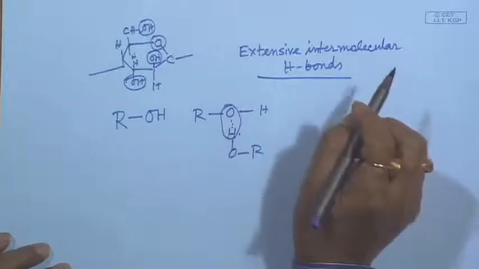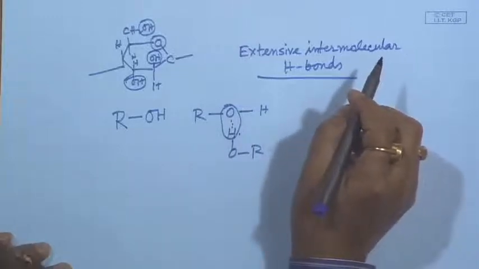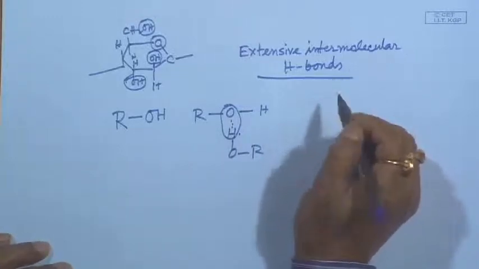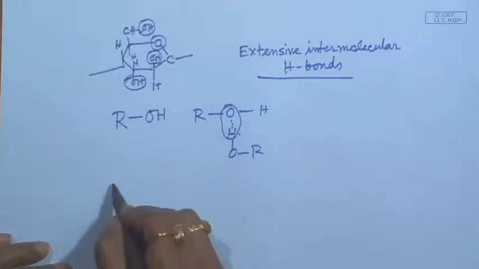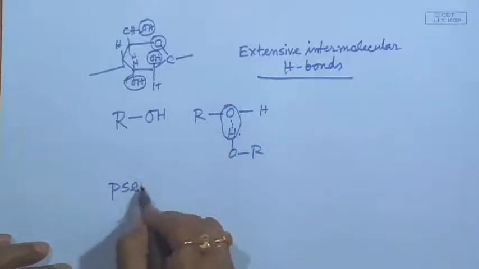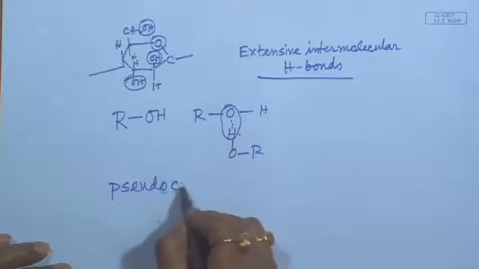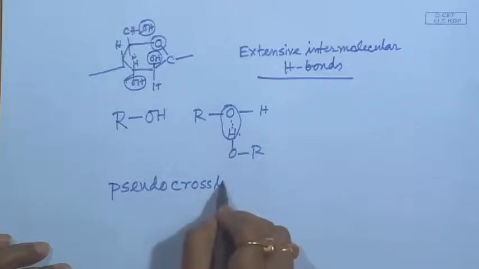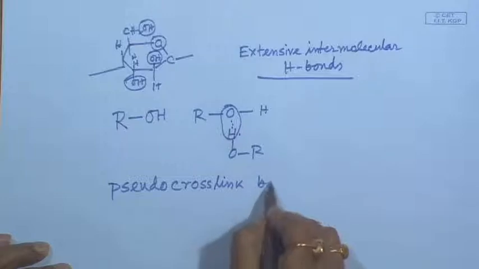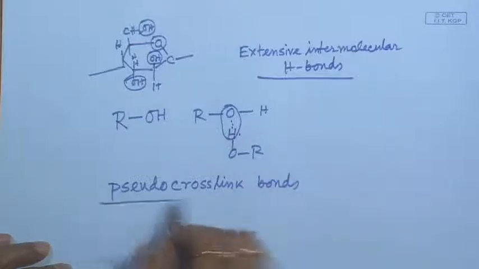These hydrogen bonds present in cellulose behave like pseudo cross link bonds.